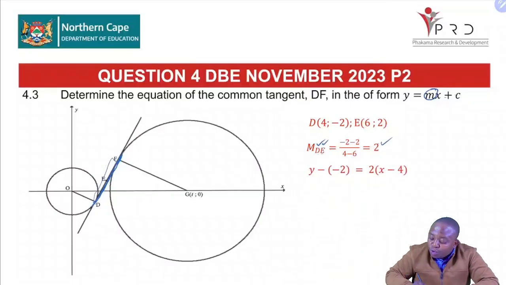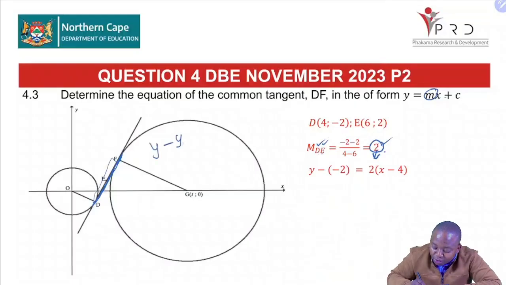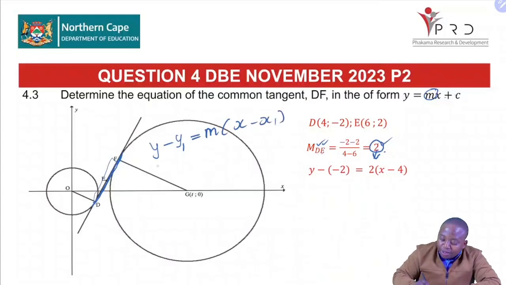Then I will substitute my gradient into the coordinate form. Remember, the coordinate form is y minus y1 is equal to m into x minus x1. So it's y minus y1 equals our m, which is 2, into x minus x1.